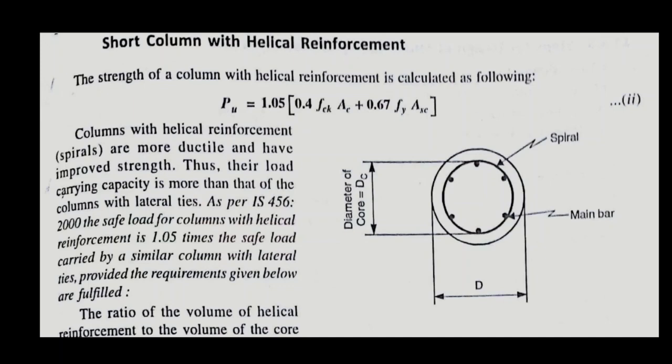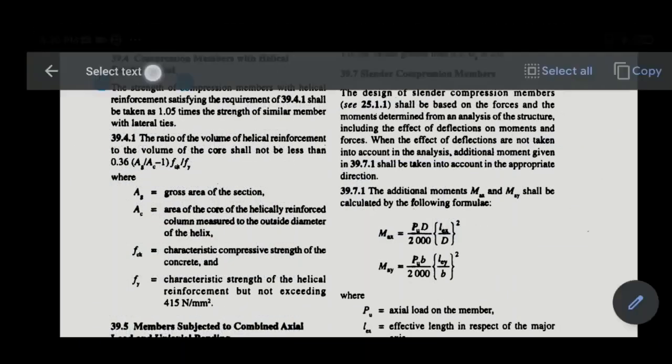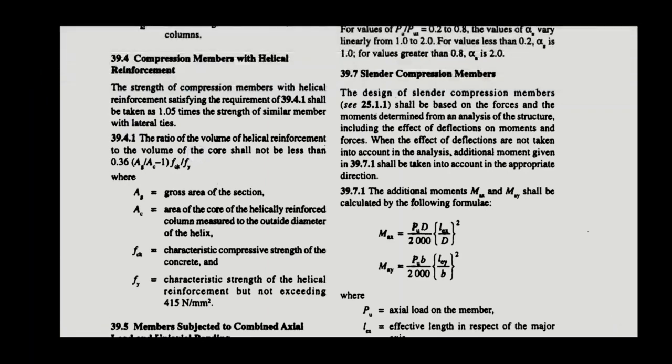As per clause 39.4, compression member with helical reinforcement: the strength of compression members with helical reinforcement satisfying the requirement of clause 39.4.1 shall be taken as 1.05 times the strength of a similar member with lateral ties.